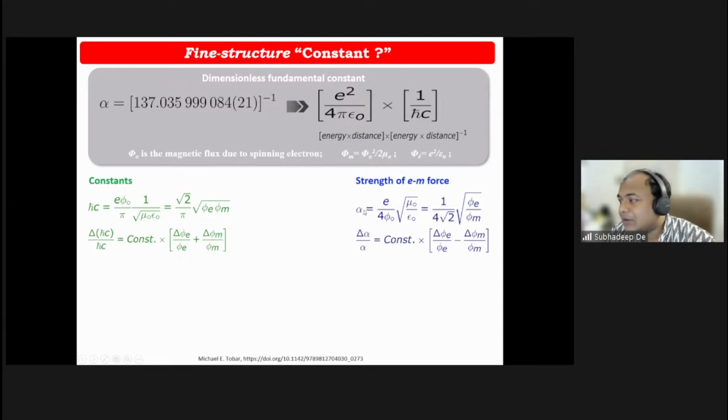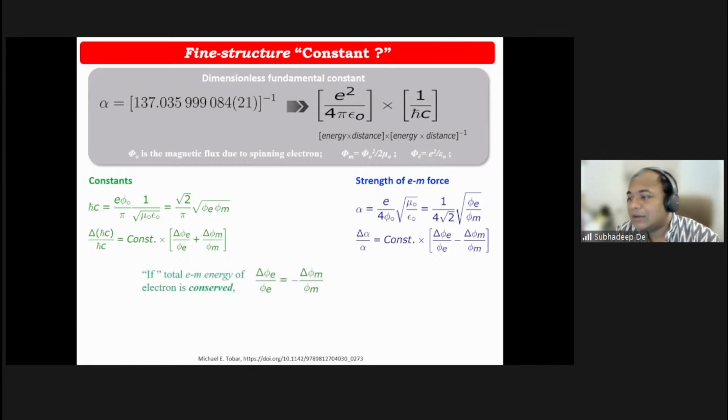If I take the partial derivative of alpha, then I get another constant. This constant is not the same as the previous constant, it's just a different constant. And then I get delta phi e over phi e minus delta phi m over phi m. So there is a negative sign here, and here is a positive sign. Okay, so far so good. The two are different quantities, so the sign doesn't matter.